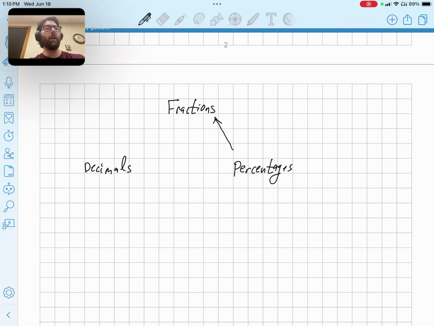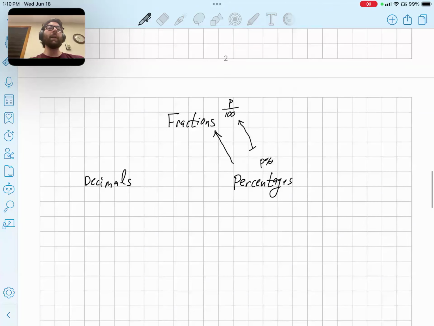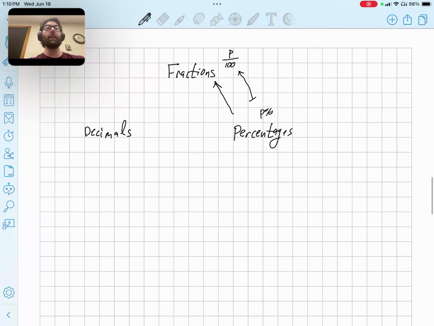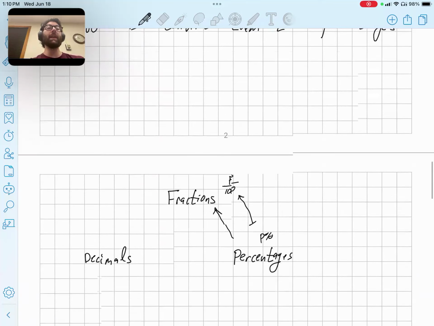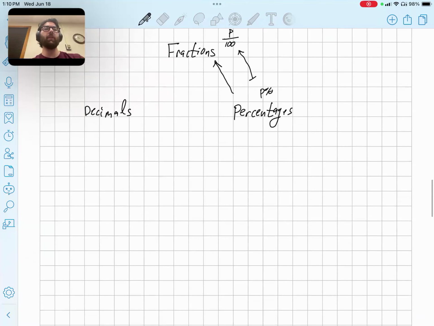How do we do that? Well, p% becomes p over 100. And so in the coming videos, we'll see how to go from fractions to decimals, decimals to percentages, and then fractions back to percentages. So we'll see that in the coming videos. But this is just to hopefully give you an intro in what we're doing when we're doing percentages.